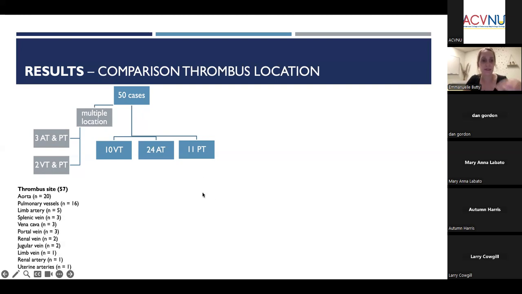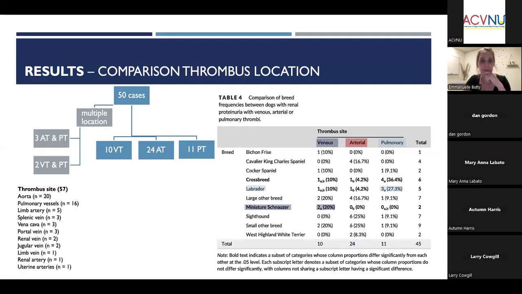And that was the different sites that they described previously in the article. And looking at the breeds, they mentioned that the Labradors were more associated with pulmonary thromboembolism, while the miniature Schnauzer was more at risk of having venous thrombi.